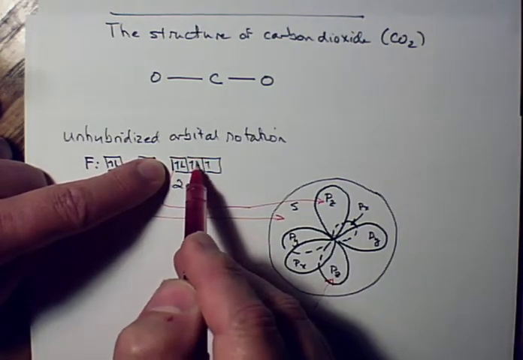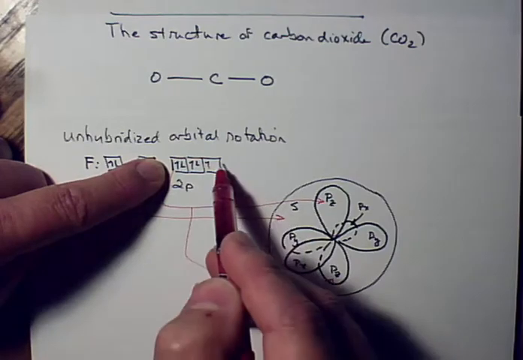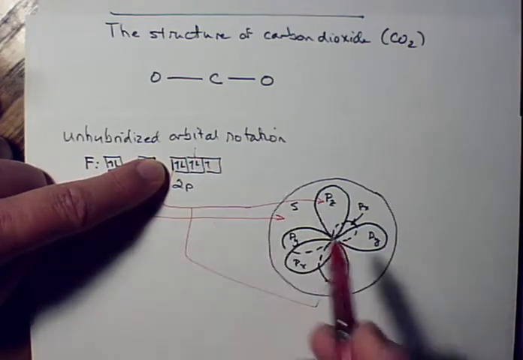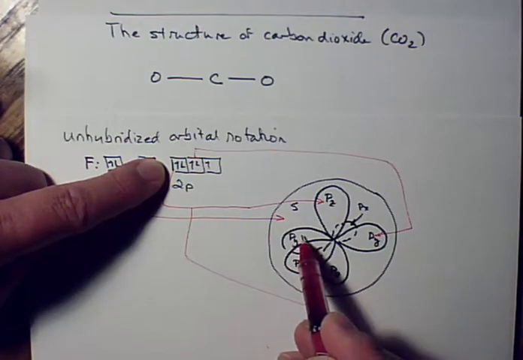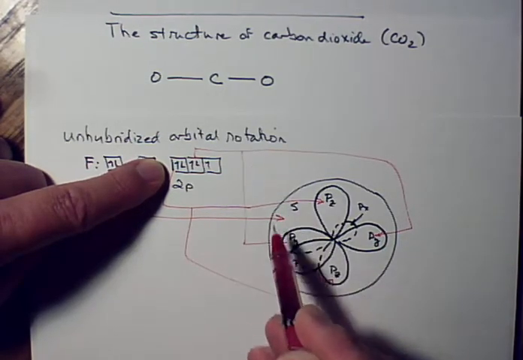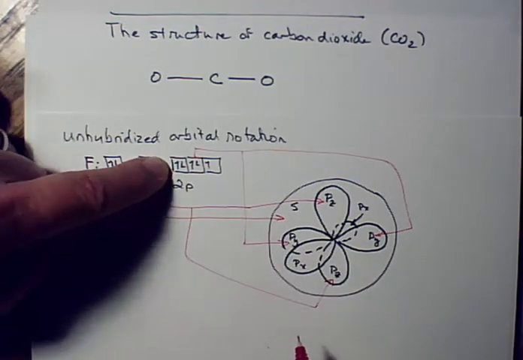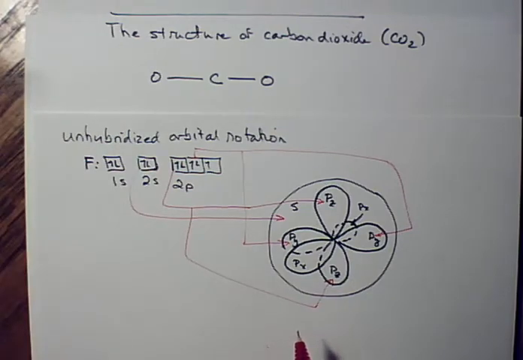This orbital, if it's py, and it doesn't matter whether it's py or px, but let's say it is py, then it's also this py, because the orbitals have 2 parts.